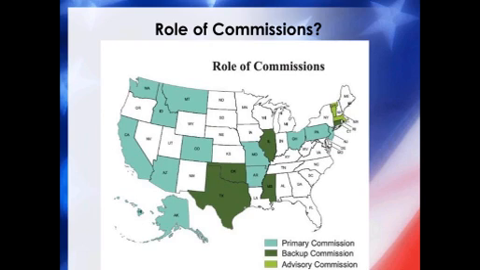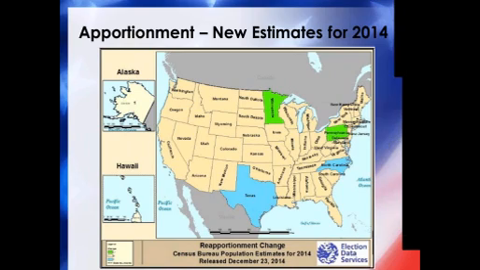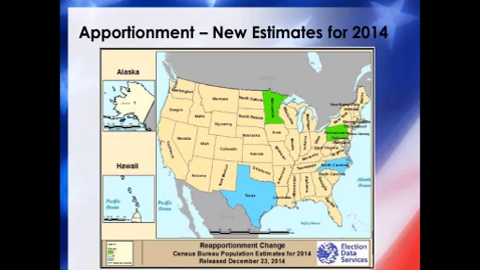Next slide. The other thing that we're dealing with is, of course, the reapportionment process. The Census Bureau, just at the tail end of last year, put out new population numbers for 2014. One of the things that we do at Election Data Services is take numbers each year to see what the reapportionment process might look like under the new numbers that were just released.